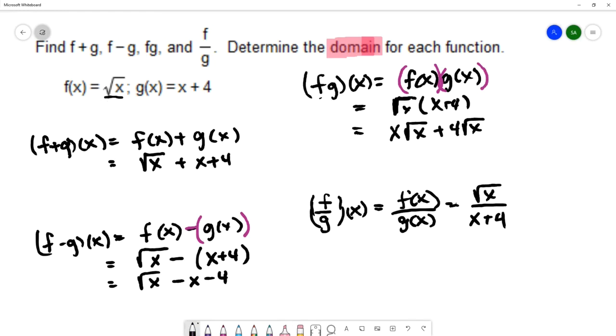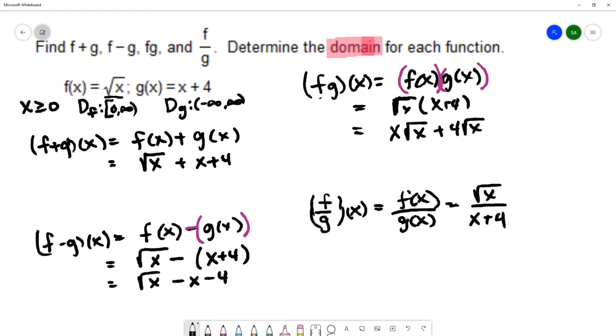So for f of x, which is square root of x, the x needs to be greater than or equal to 0, and if I were to write the domain of f, it would go from 0 to infinity. g of x is a polynomial, and it doesn't have any restrictions on x, so the domain of g is going to be from negative infinity to infinity.